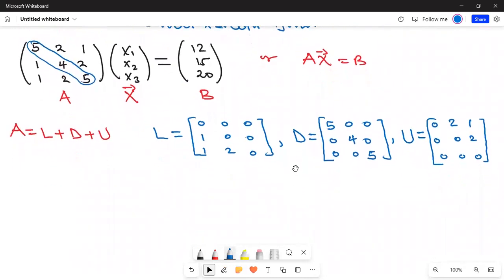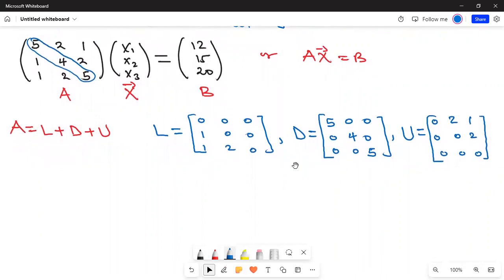So, having found L, D, and U, what is the Gauss-Seidel iterative formula?